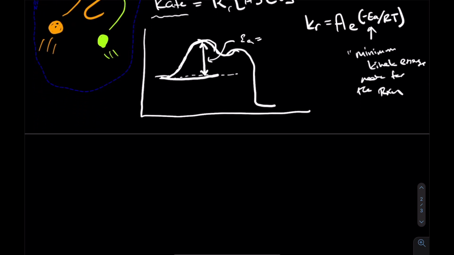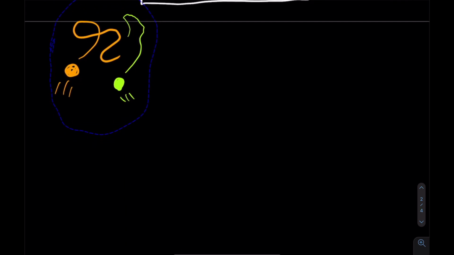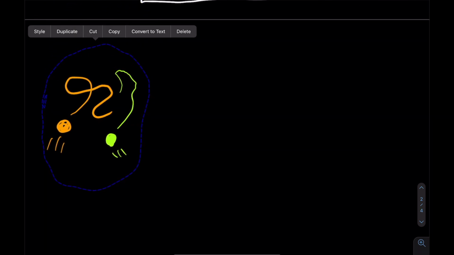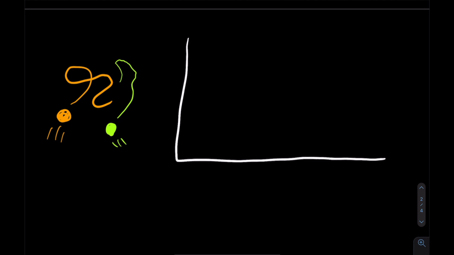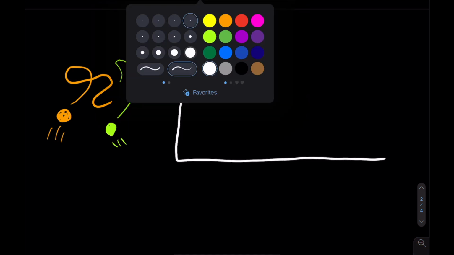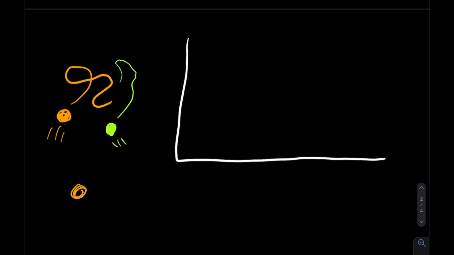So if we want to bring these down here, let's discuss this in the context of what this energy of activation actually means. If I say you have some sort of temperature or energy, you have a distribution of atoms or molecules that are going at different speeds. So if we just look at this one, you could have an orange ball that's just puttering, right?